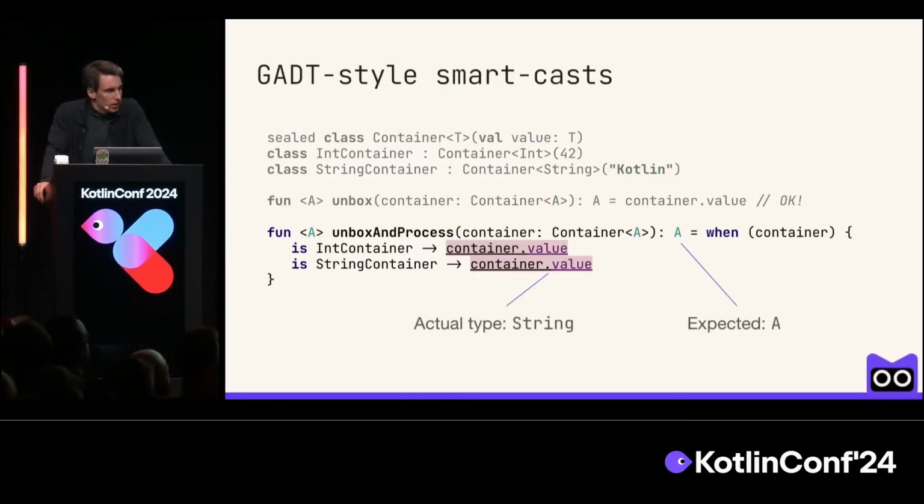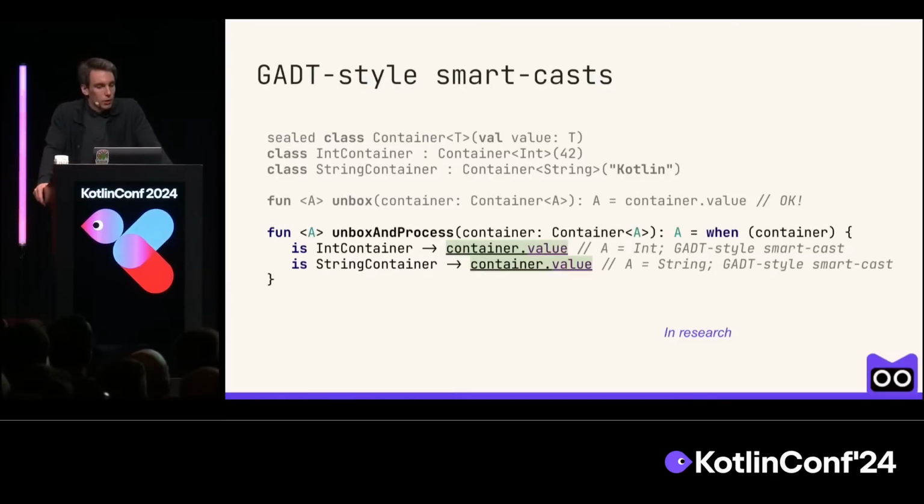And if we take a closer look at the problem, we can see that we promised to return a value of type A, but we are actually returning either string or int, which is forbidden by the compiler. And if I inline those values, it will be even more clear that this code is actually non-trivial for the type system. But we definitely know that at runtime, this is perfectly fine, as there can be no values of different types.